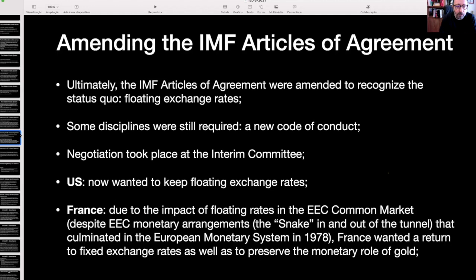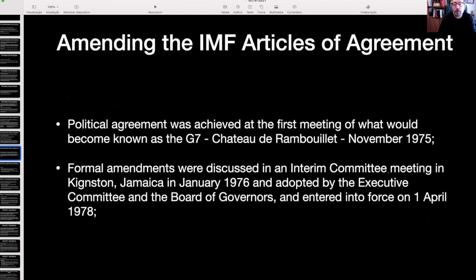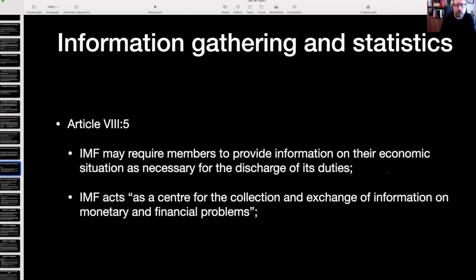Now, because of this, obviously, the question arose, what then for the IMF? What is the IMF then to do? Now, there were a number of agreements. So, as I said, to revise the IMF articles of agreement, and the IMF substantially modified its powers.